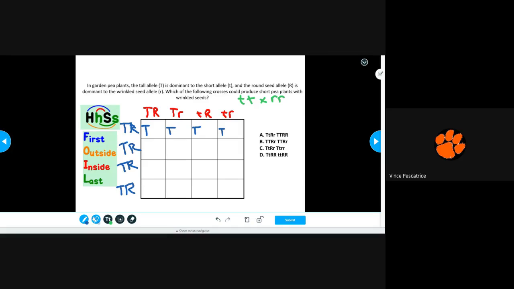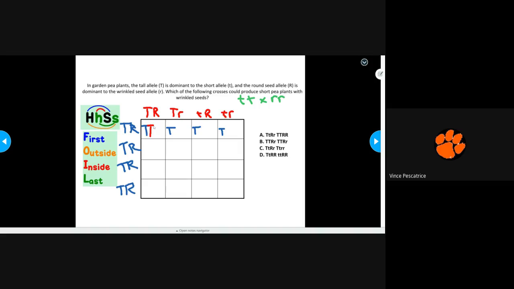Then I'm going to have the T from the top parent, this one right here, be distributed into each box going down. So this will be a capital T, this will be a capital T, capital T, capital T.